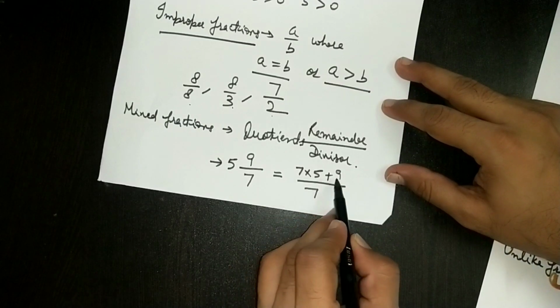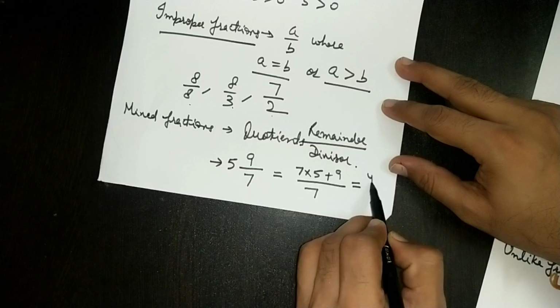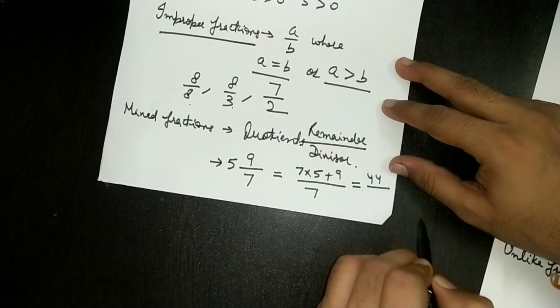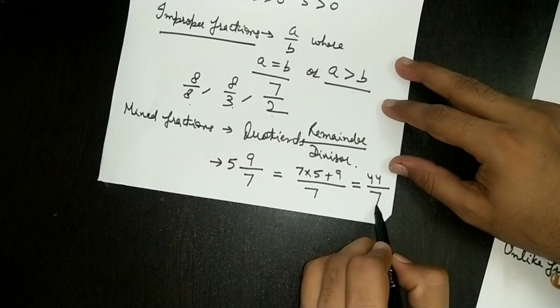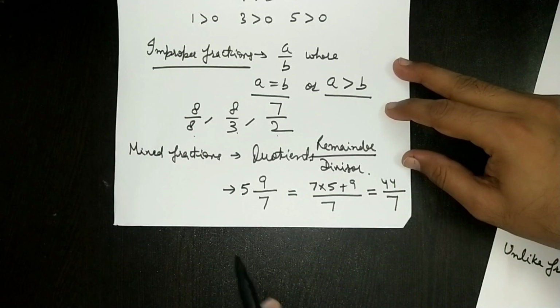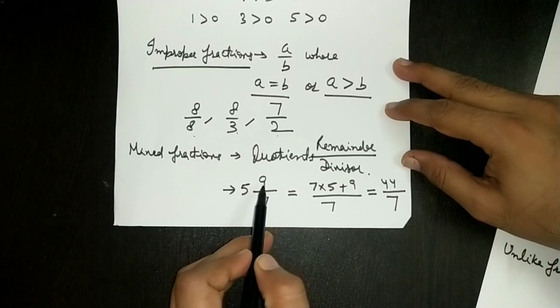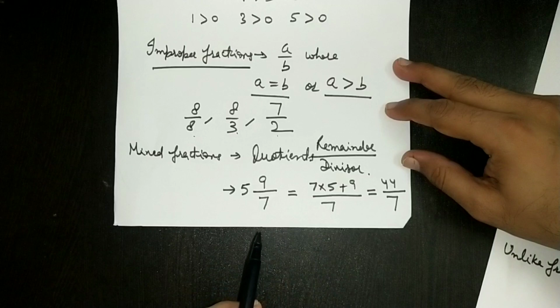It means 35 plus 9, 44, divided by 7. 7 fives are 35, 35 plus 9 is 44, and 44 divided by 7 is your answer.